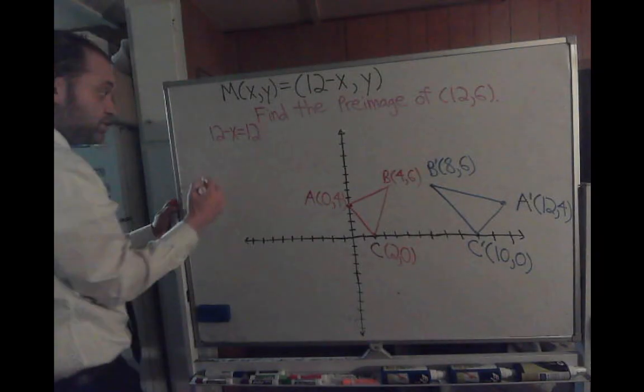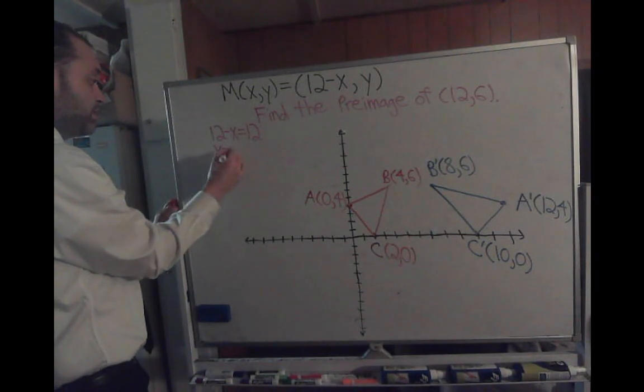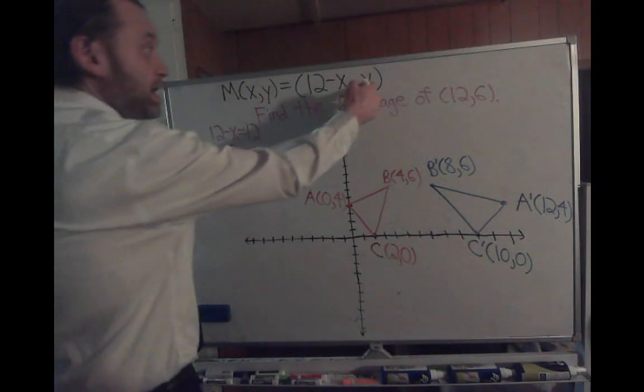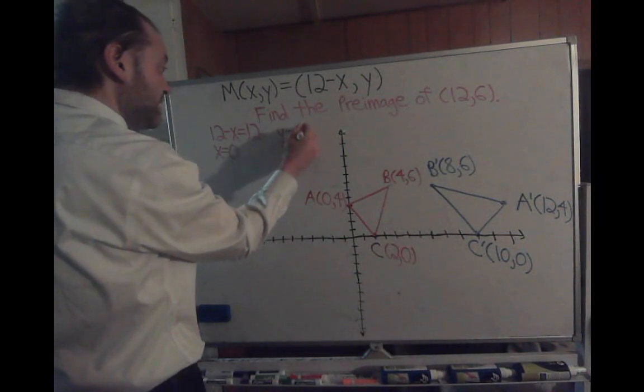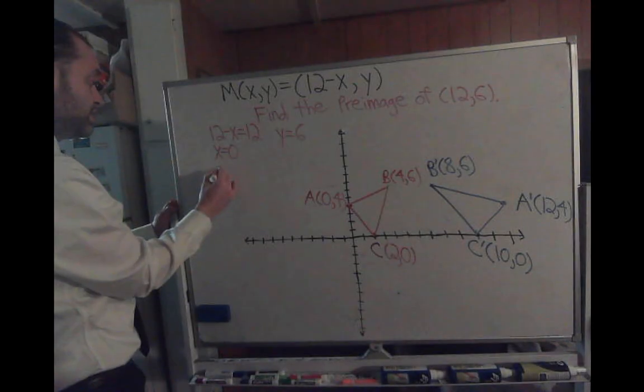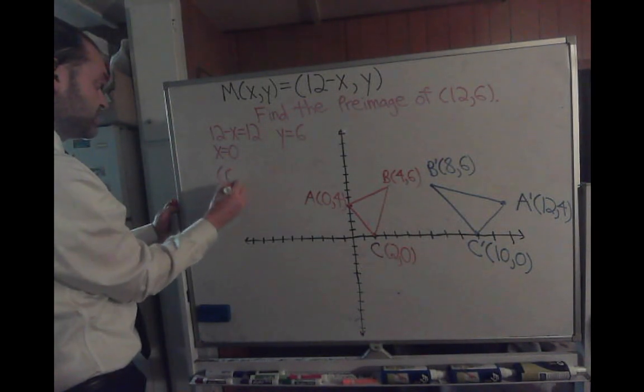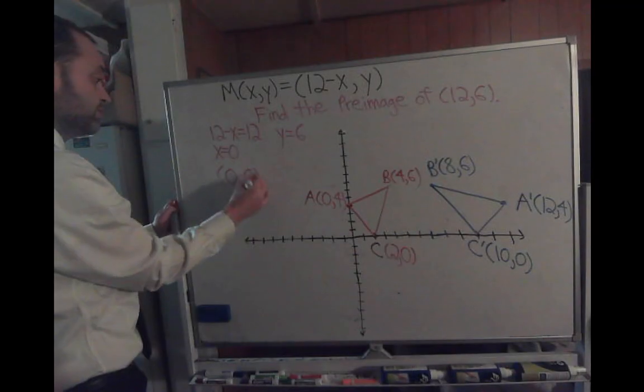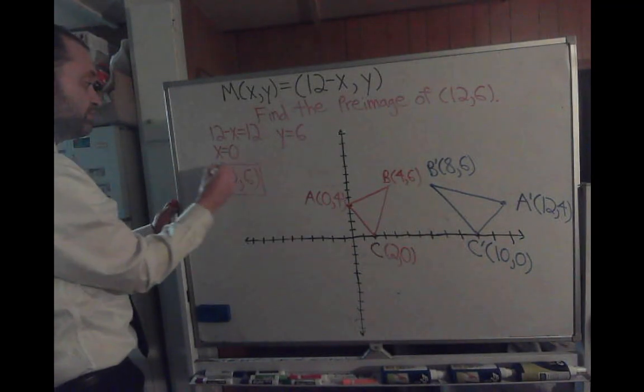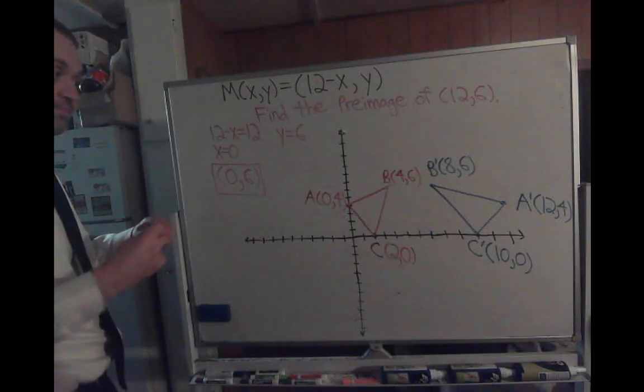Well, that's going to end up giving you x equals 0. Then just take your y, set it equal to 6. You literally get y equals 6. So the preimage of (12, 6) would be located at (0, 6).